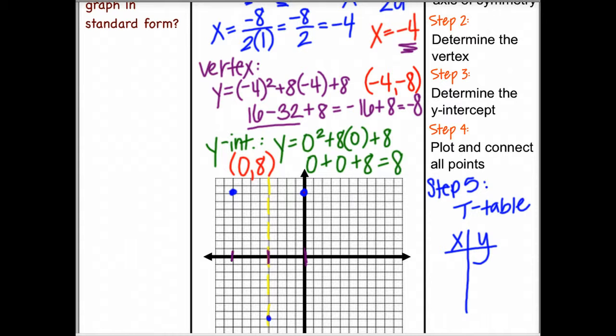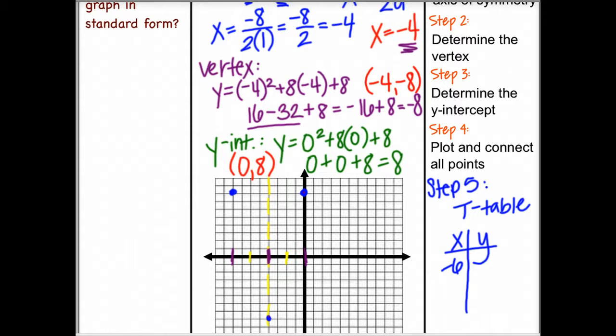Likewise, I should pick between here and here because that's between the mirror of my y-intercept and my vertex. I like to do halfway, so I'm going to do negative 2 and negative 6.